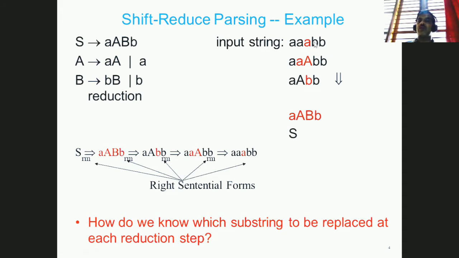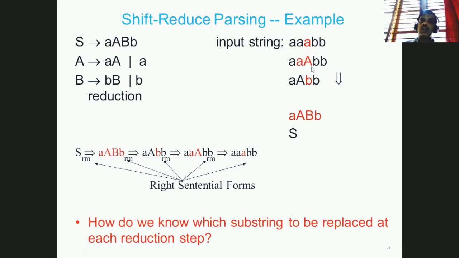Now I have to generate from right to left. My first handle, that is the first symbol to be replaced, is a, which will be replaced by the left-hand side of the production, that is capital A. I have replaced this a by capital A.